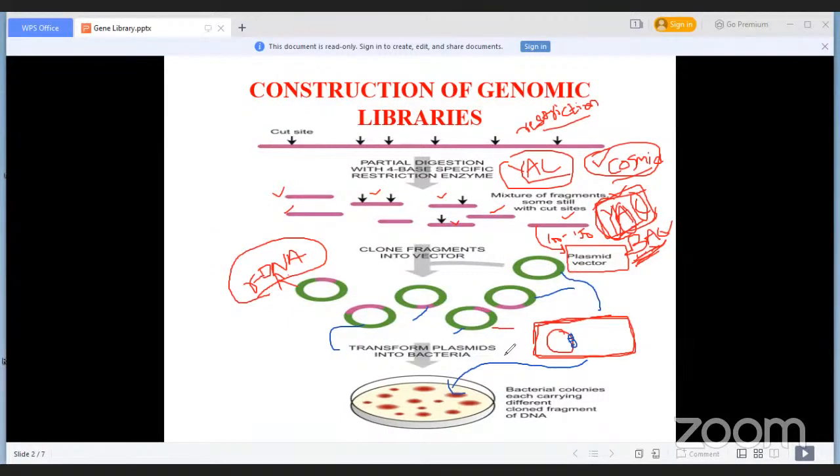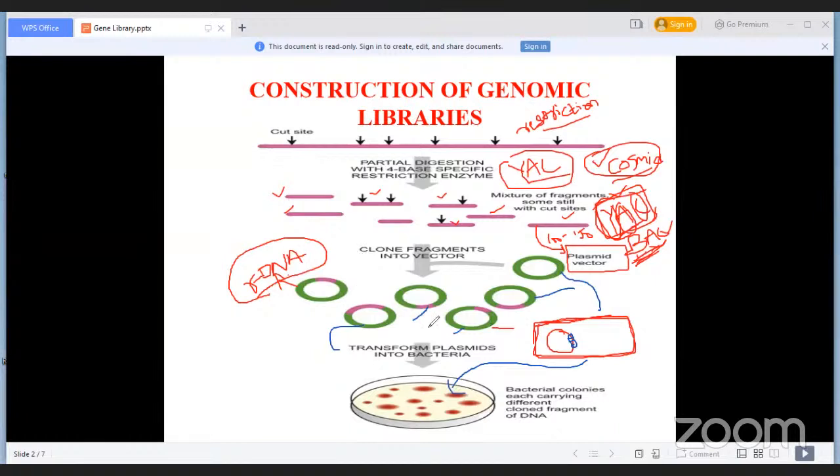What is the definition of genomic libraries? Libraries: collection, storage. Right? The collection of fragments from the genome. First the genome is cut into pieces. Next, they are collected into the plasmid.